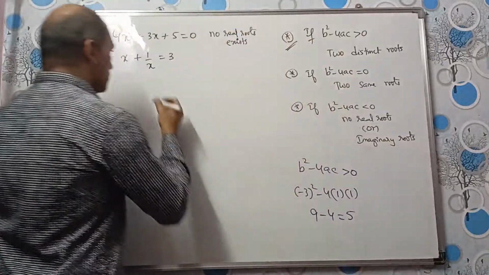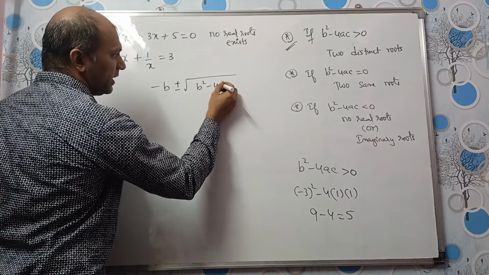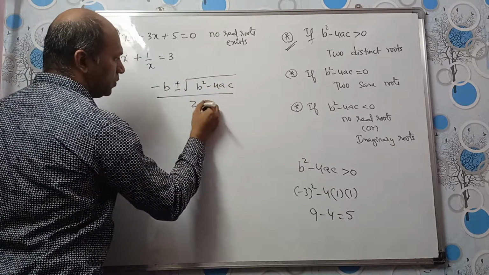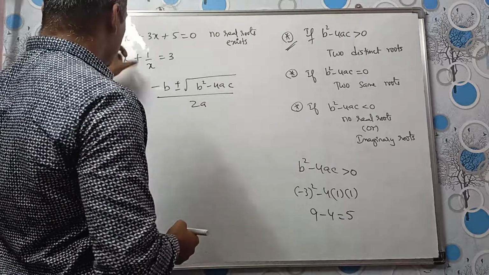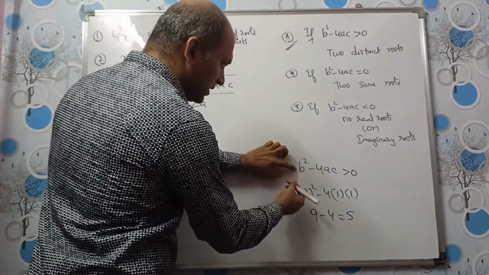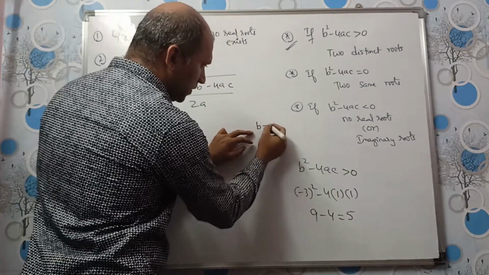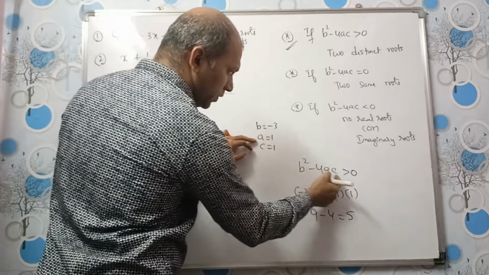Let us use the quadratic formula, minus b plus minus root of b square minus 4ac divided by 2a. What was the equation? Don't worry, we have the values of a, b, c here. b was equal to minus 3, a was equal to 1 and c was equal to 1.